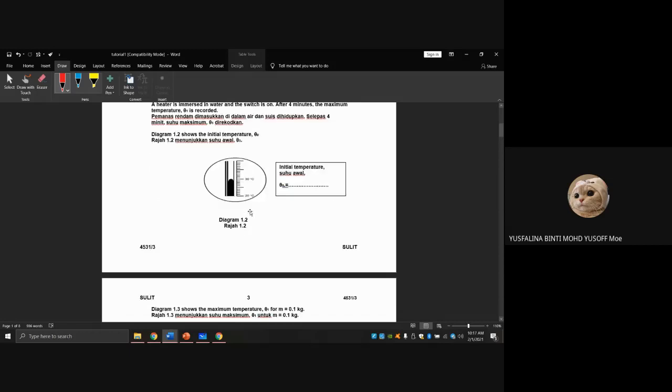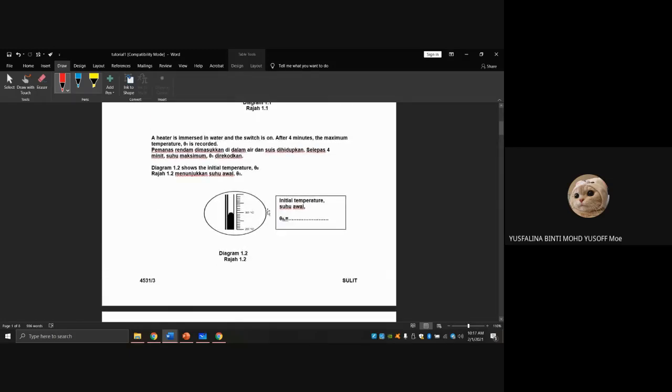Let's read the initial temperature first. This one is 30°C. Remember in physics unit is very important. Whenever you calculate something or read any value using the measuring tool, make sure you have the unit here. 30°C.